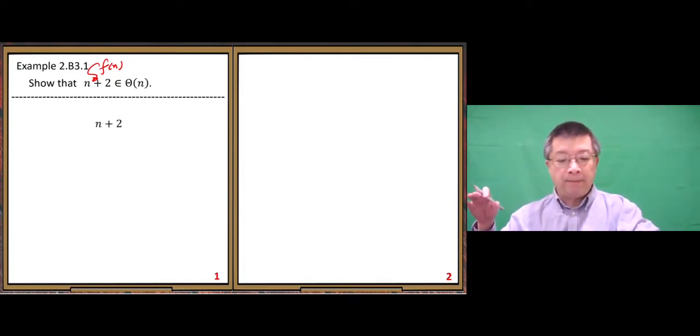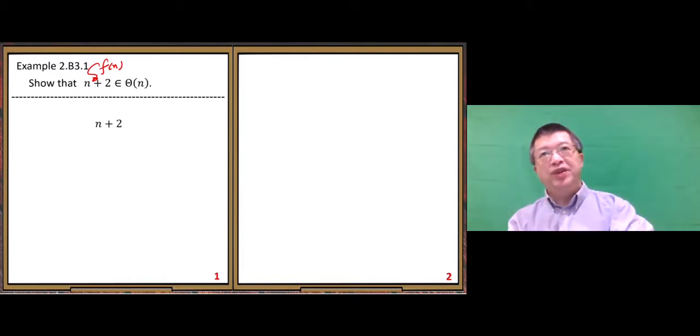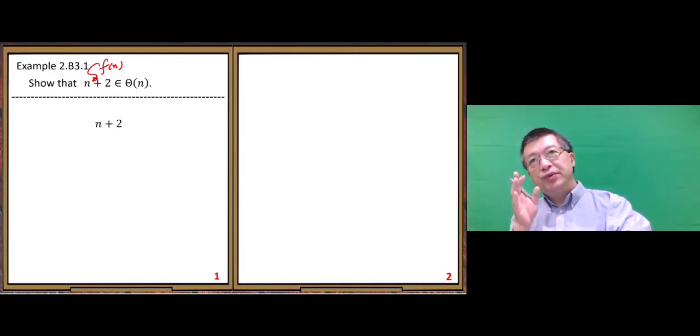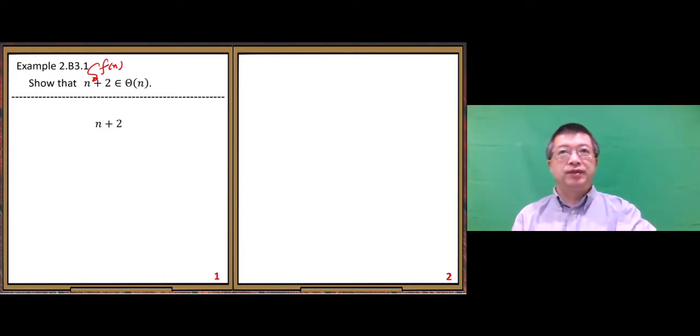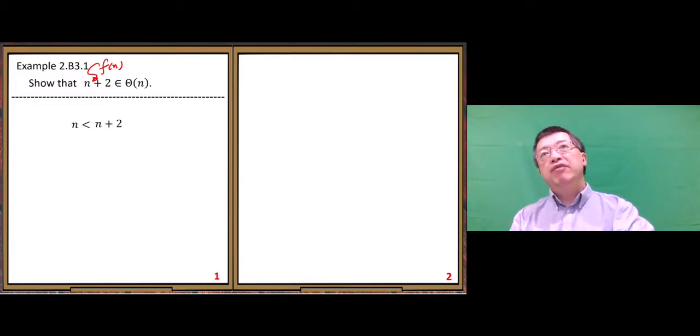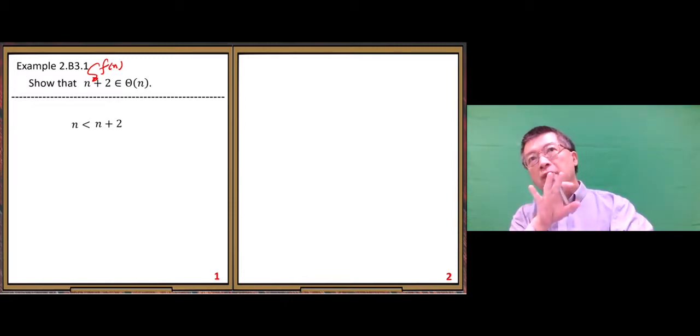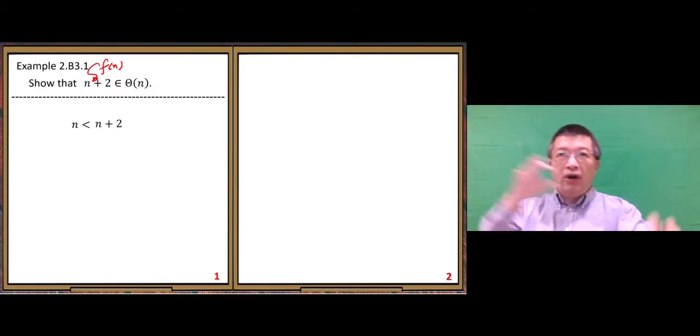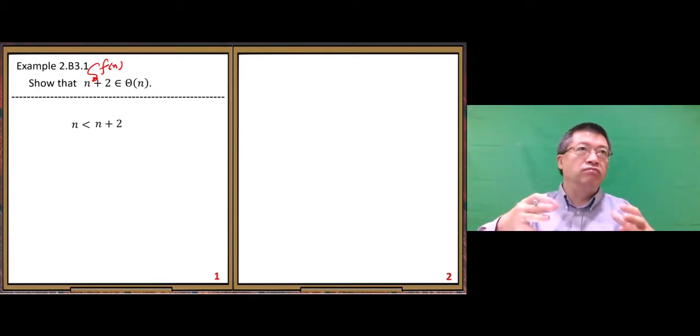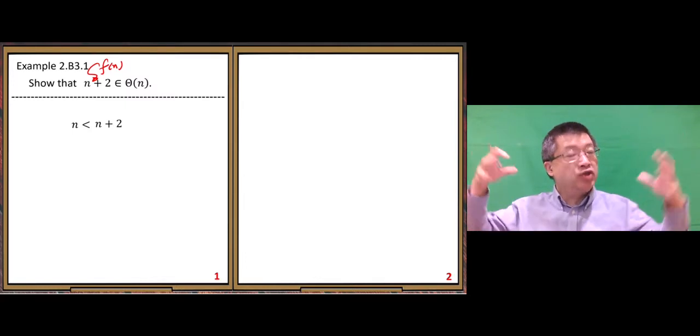So let's do one bound first. The lower bound looks easier, so let's do the lower bound. Why is it easier? We just drop the 2. If we drop that term 2, the whole function value becomes smaller.